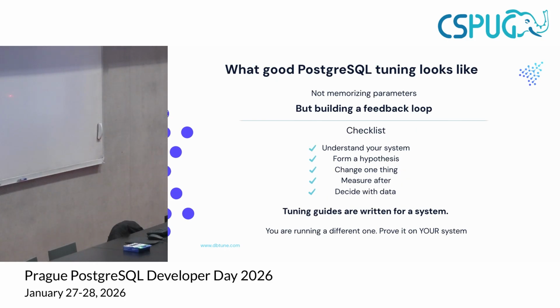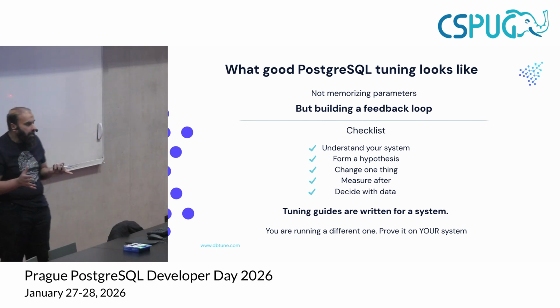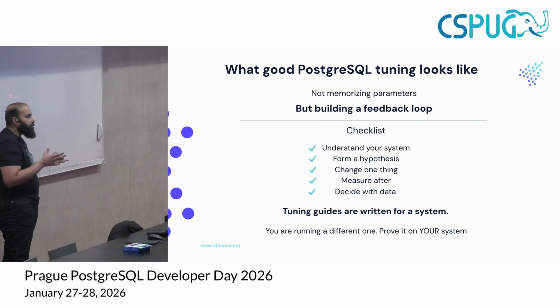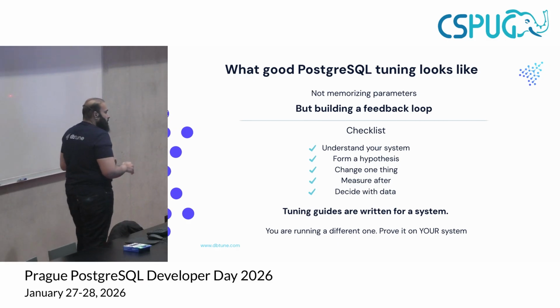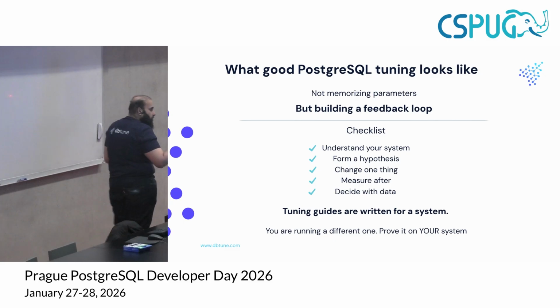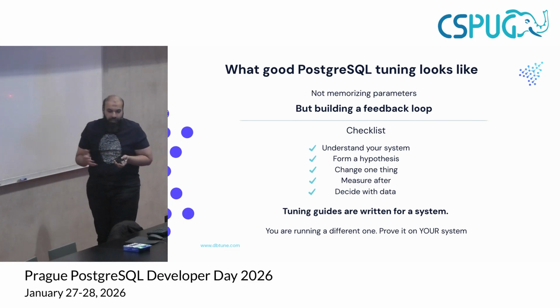What does good Postgres tuning actually look like? It's not about memorizing parameters. As I said, it's a complex problem. Postgres is complex. Don't treat it like a little baby, thinking that setting shared_buffers to a certain value, reducing random_page_cost, changing the threshold of parallelism, or vacuum settings will make things fine.